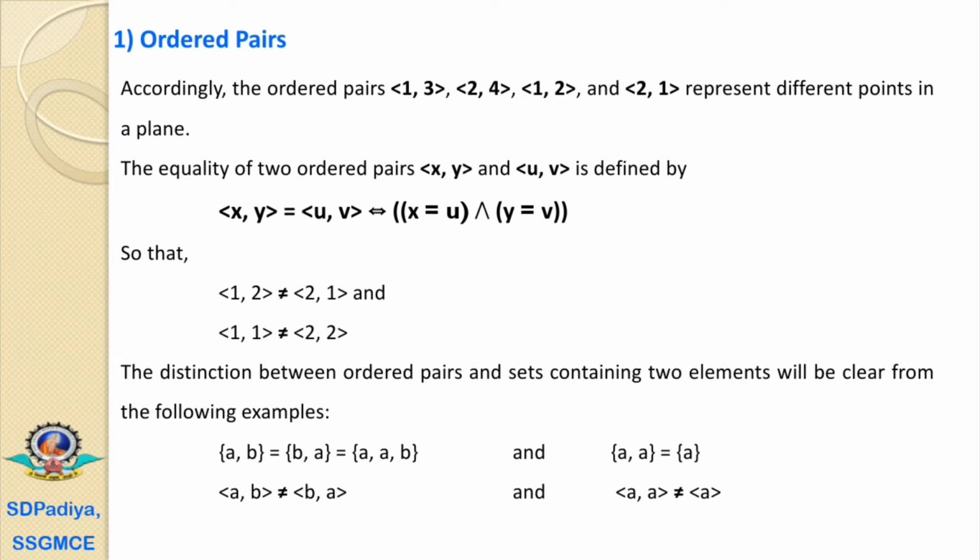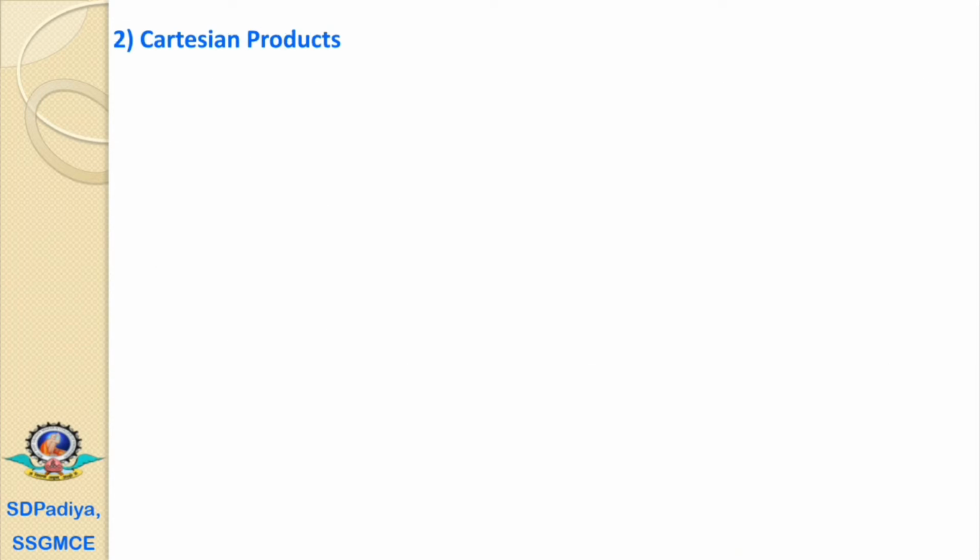The second example is again for the repeated term: the set {a, a} equals {a}. But the ordered pair (a, b) is not equal to the ordered pair (b, a). These both are different. And the ordered pair (a, a) is also not equal to the ordered pair (a), because in an ordered pair the sequence matters and there is importance to the repeated term also.